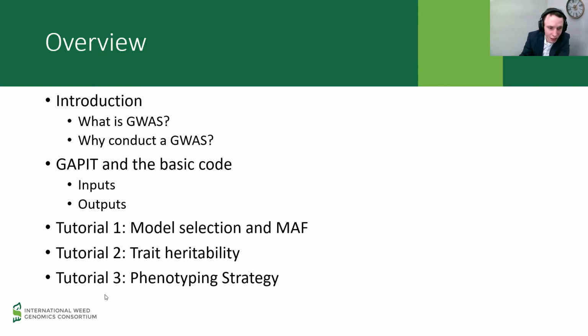And go through a series of 3 tutorial examples describing the effect of various model parameters, characteristics of whatever population you're working with, as well as briefly mention the effects of the phenotyping strategy and the overall experimental design on the end result, and how errors from the beginning of the process stay with you throughout the whole process.